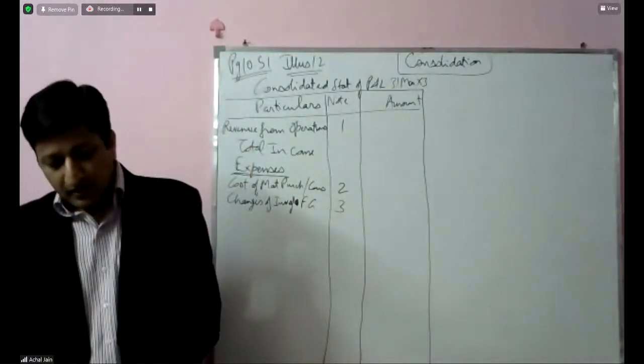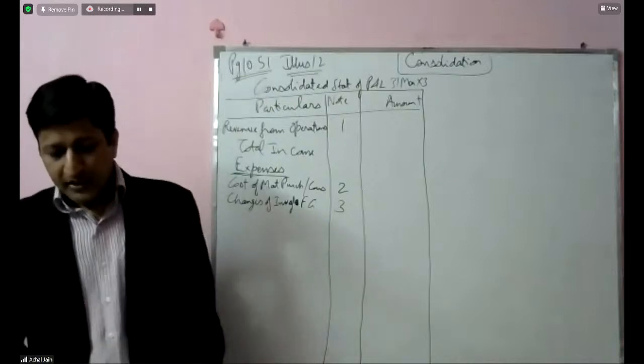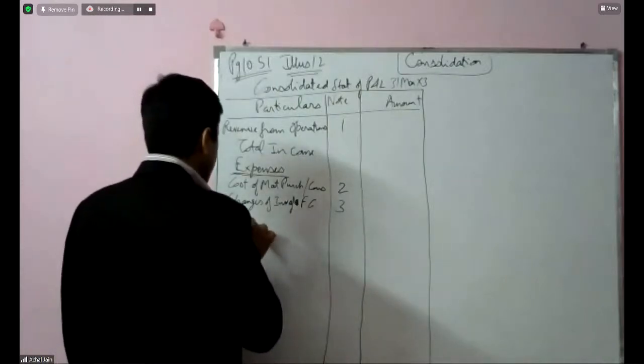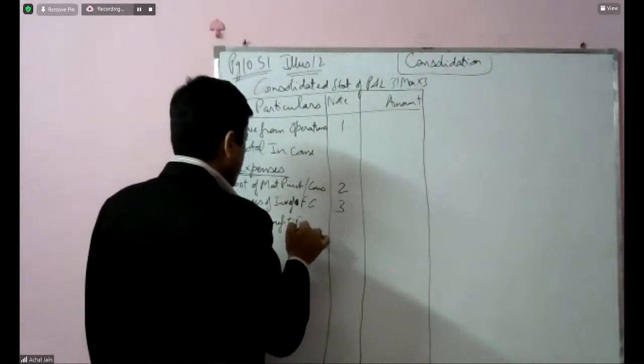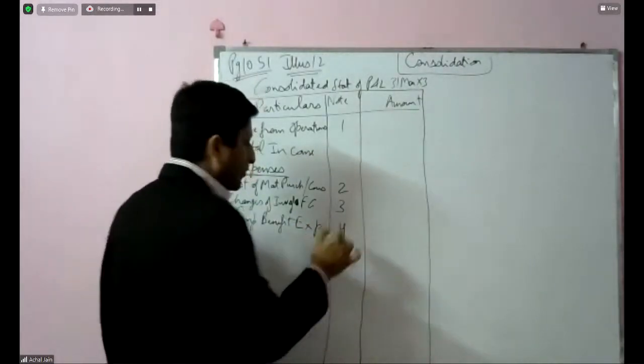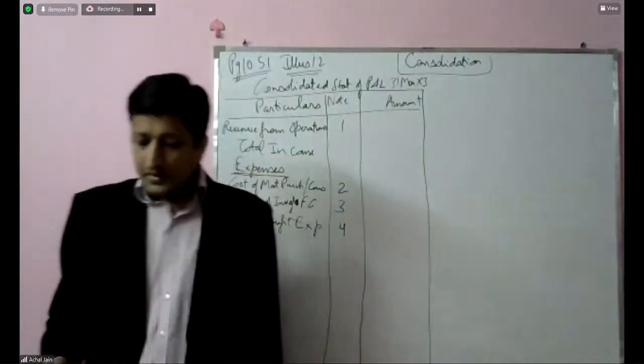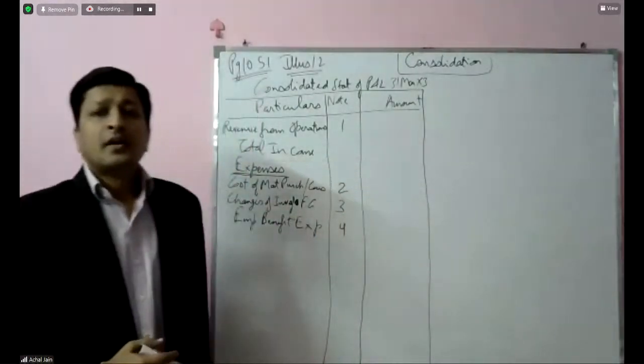This is also there in the information, so we'll have to capture it. Number 4. Then we have finance cost.